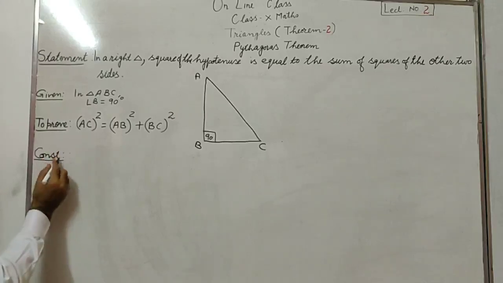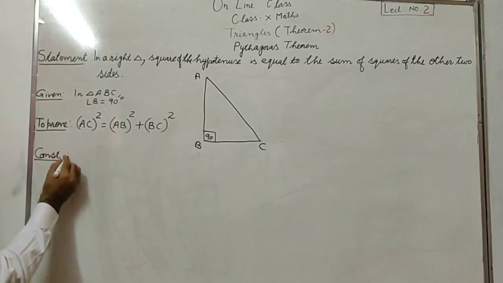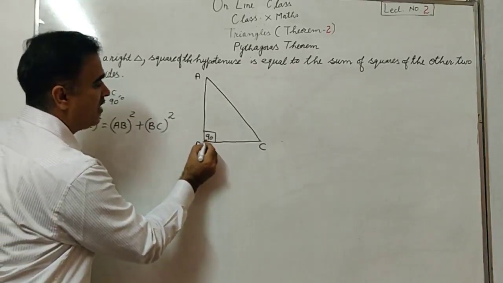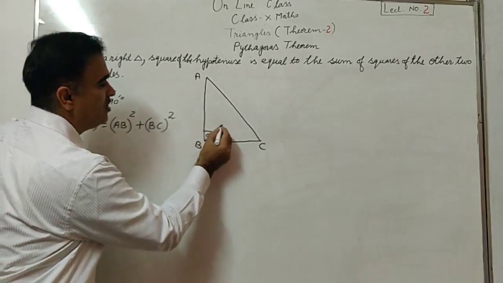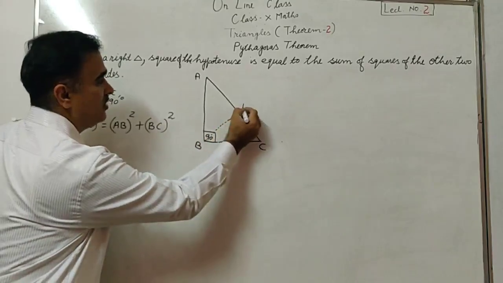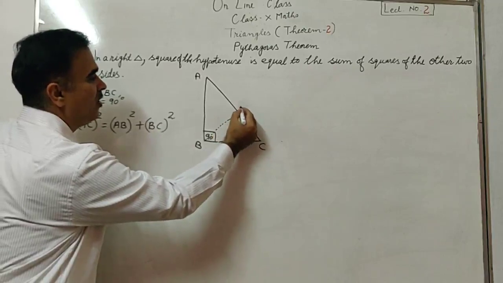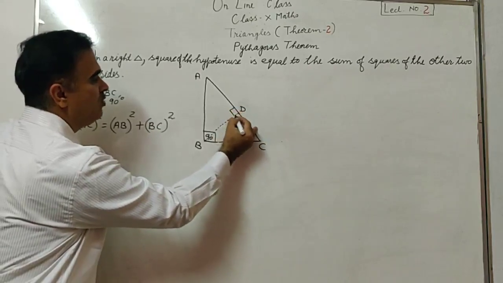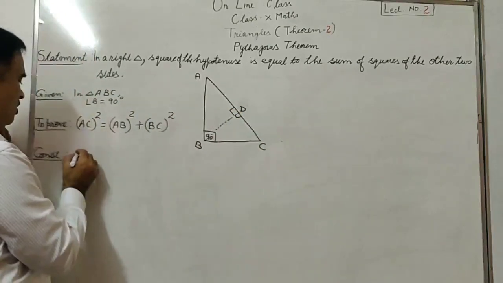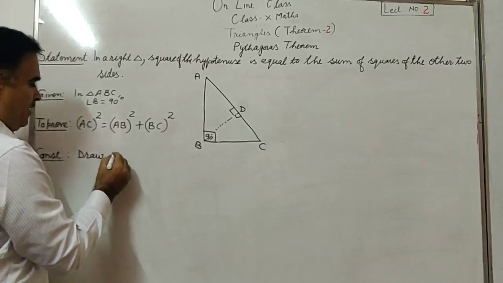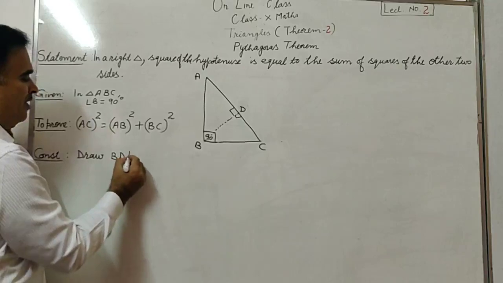You see, we have to draw a perpendicular from B to the hypotenuse AC. We take it as BD perpendicular to AC. Draw BD perpendicular to AC.